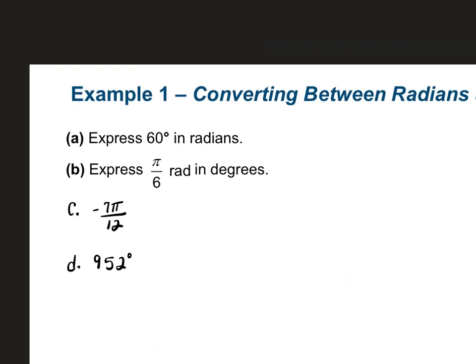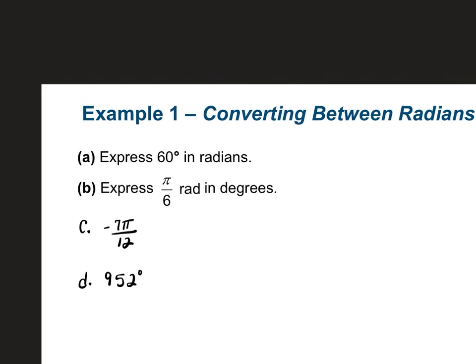If we're going to express 60 degrees in radians, let's look at this first example. First of all, 60 degrees. 60 is over what number? 1, right? So I'm starting in what measurement? Is that a degree measurement or is that a radian? It's a degree because it has a little degree sign. So if I want to convert to radians, I'm going to want degrees to cancel out.